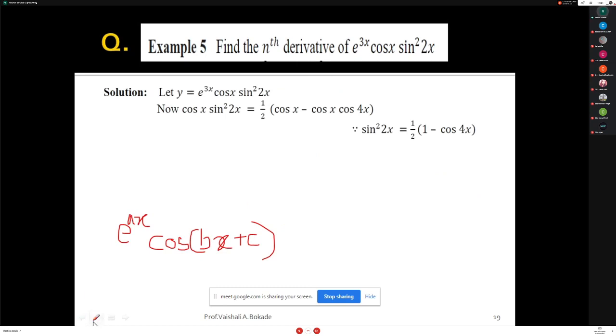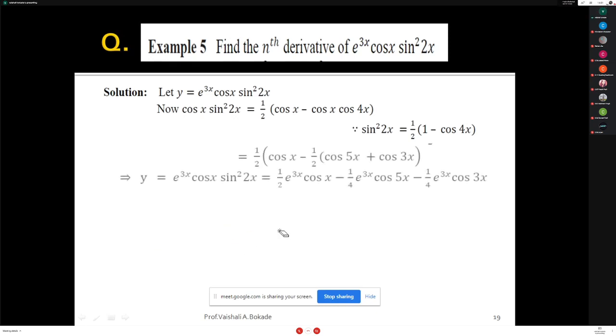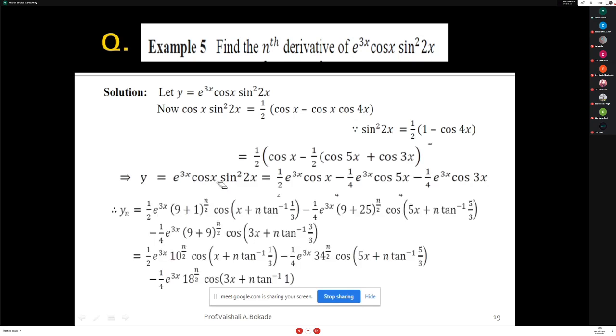Let me wipe this so that you can follow properly. I have to apply the formula for the first, second and third terms.